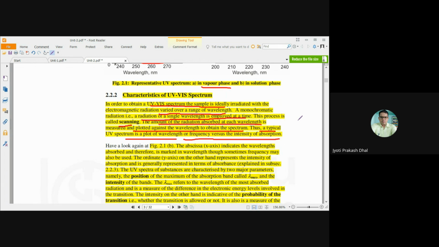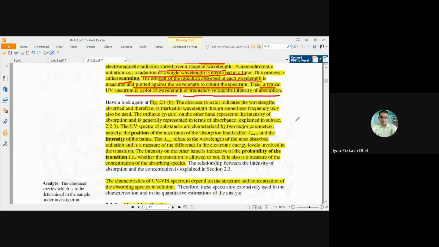According to its characteristics, the sample may absorb radiation of one, two, or three particular wavelengths, so absorbance will be there. But it will not absorb radiation of all wavelengths, only of particular wavelengths.